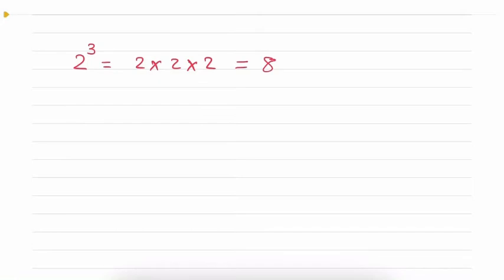I want you to realize something: we call this 2 the base, and we call the 3 here the power or the index, and it indicates the number of repetitive multiplications for the base, like in our case 2.